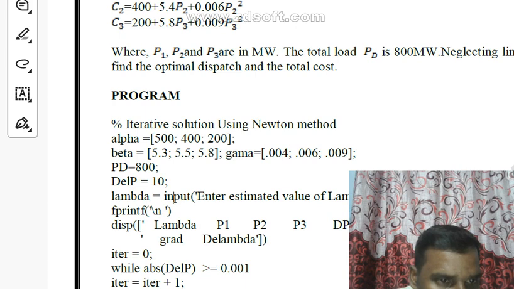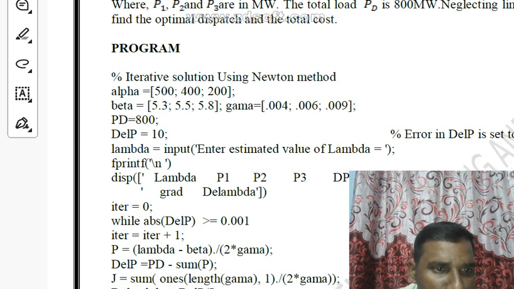Next, display lambda, P1, P2, P3. Next, the gradient value and then the d lambda value.